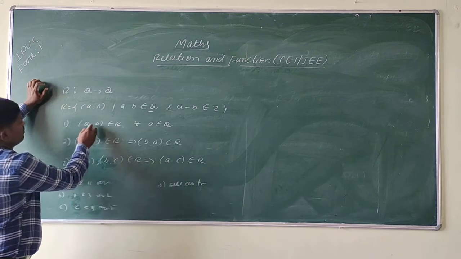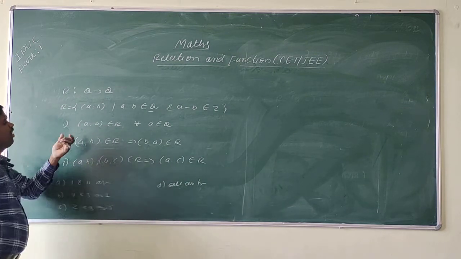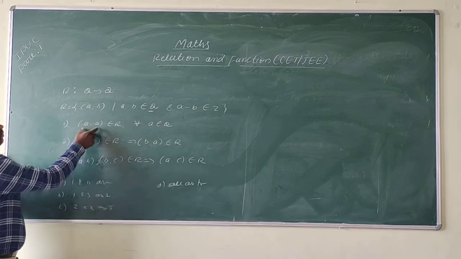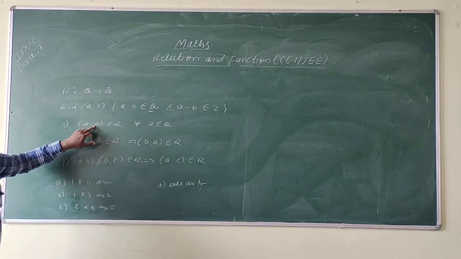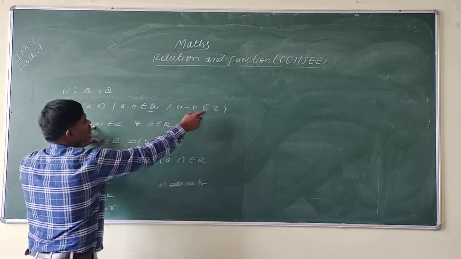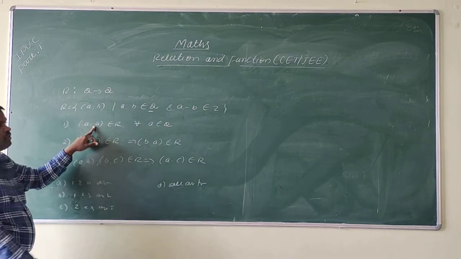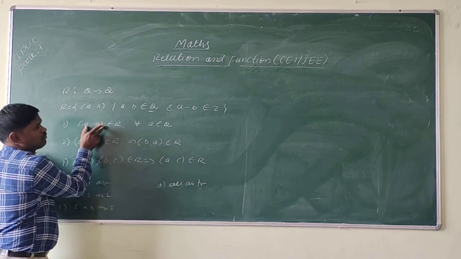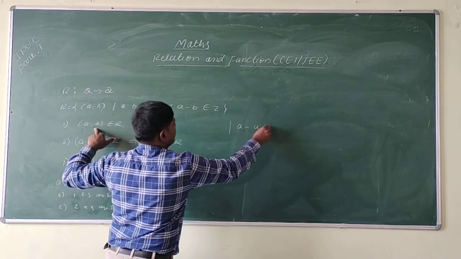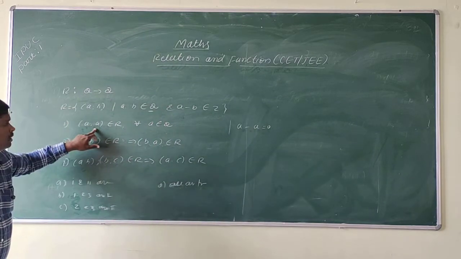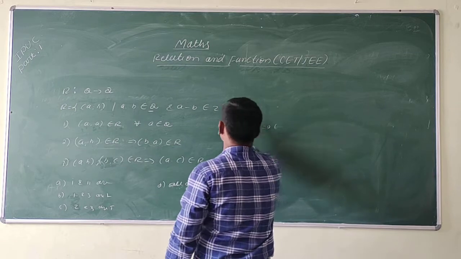So observe here: (a, a) belongs to R. That means any ordered pair which belongs to relation R must have a minus a belonging to the integers, meaning the difference becomes an integer. Clearly, a minus a is equal to 0, and 0 is an integer.